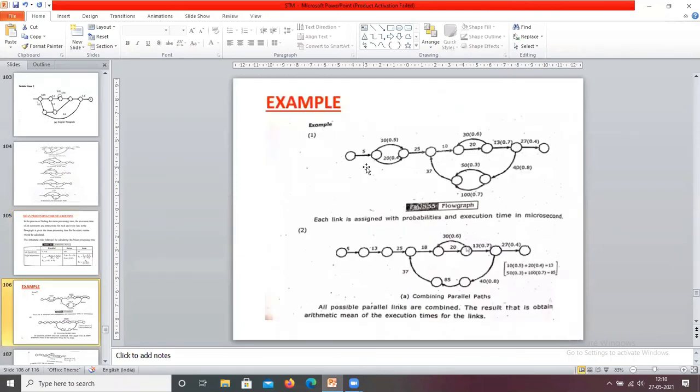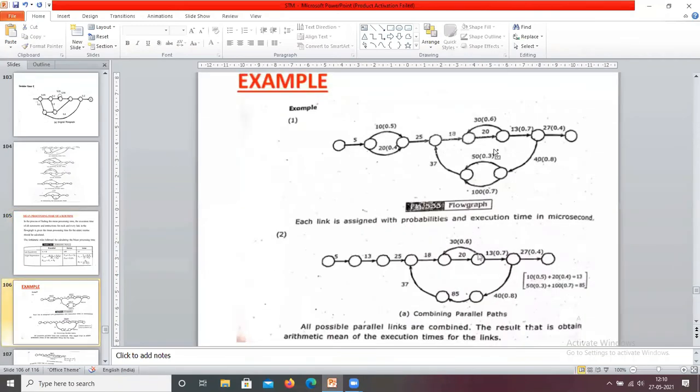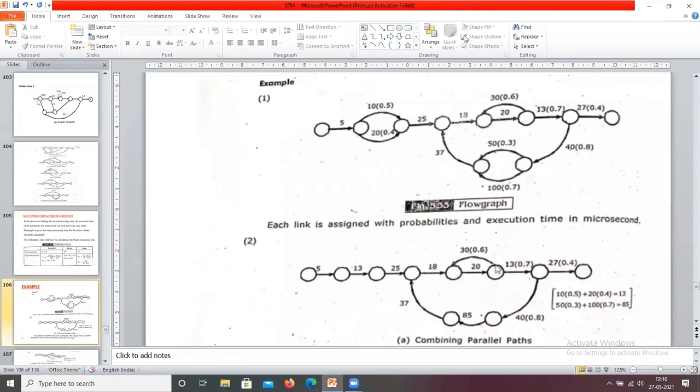Okay, so this is the example. Each link is assigned probabilities and execution time in microseconds. This is 5, that means 5 microseconds. Then 20 and 0.4: 20 microseconds, and 0.4 is the probability.